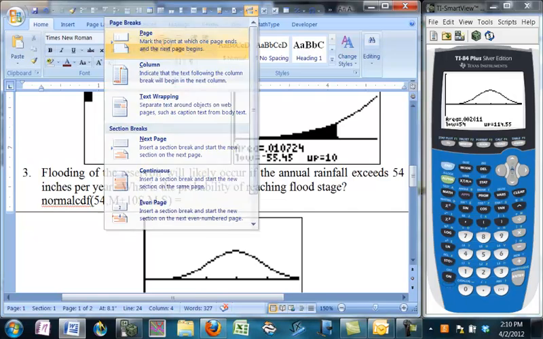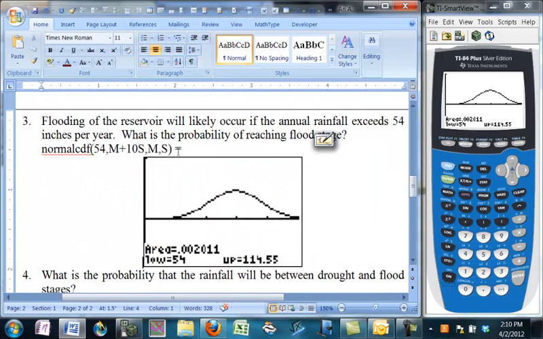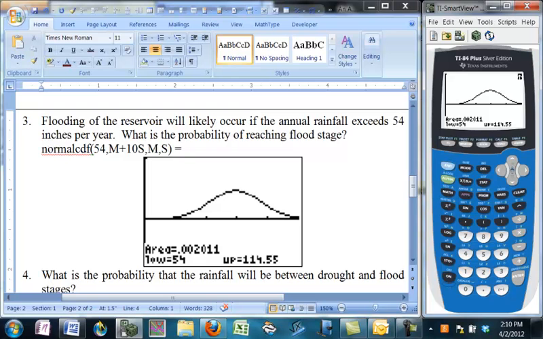And we can also find it directly by doing normal CDF, second distribution number 2, of 54 up to m plus 10s, and with our particular m and s.